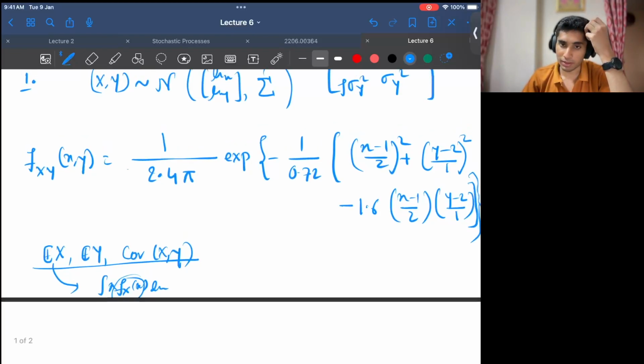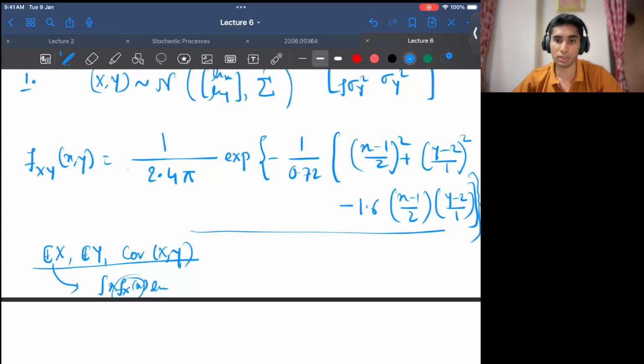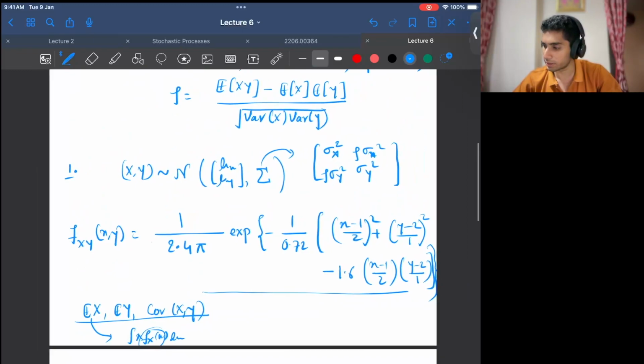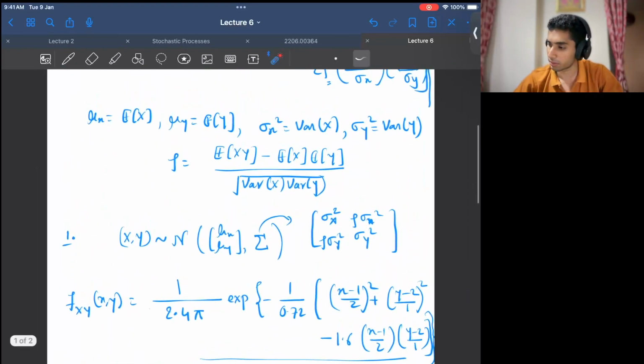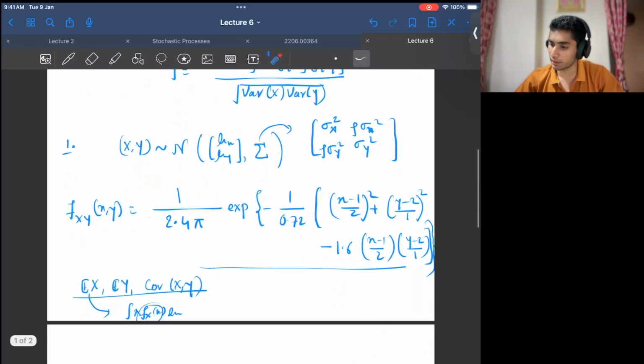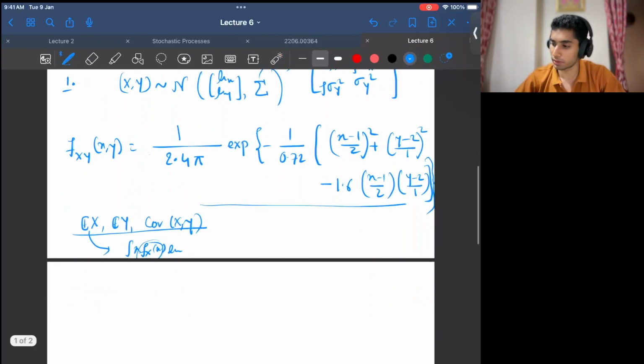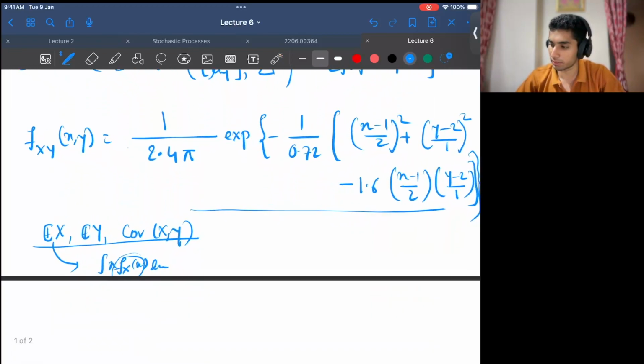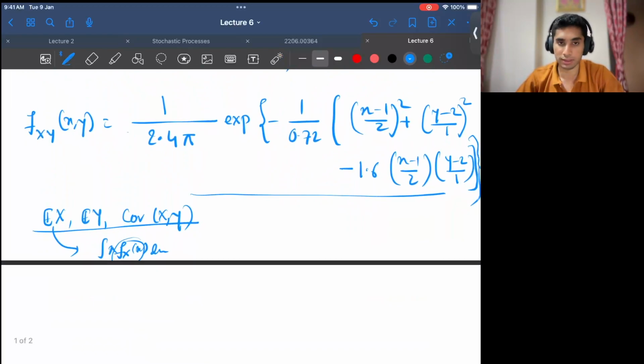But since you know what these random variables are, you can just compare this to the distribution of a bivariate normal distribution. You just need to compare this thing with this thing. That's all. So it becomes just a matter of matching things.